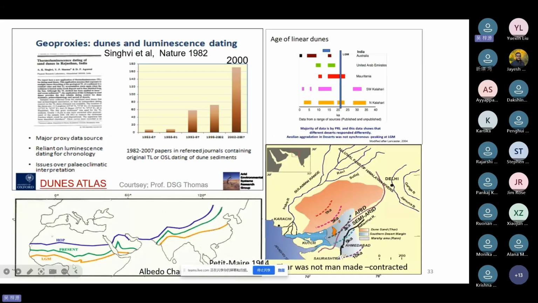When we applied luminescence dating to dune records, we found a large scatter, and very rarely was there alignment at the last glacial maximum, which had been the assumption. We then were able to understand that this is to be expected in any terrestrial environment. So correlation was an issue that we addressed too.